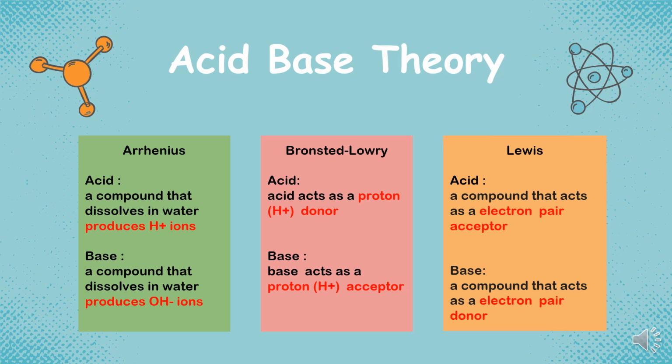According to Bronsted-Lowry, acid acts as a proton donor. Base acts as a proton acceptor. And according to Lewis, acid, a compound that acts as an electron pair acceptor. Base, a compound that acts as an electron pair donor.